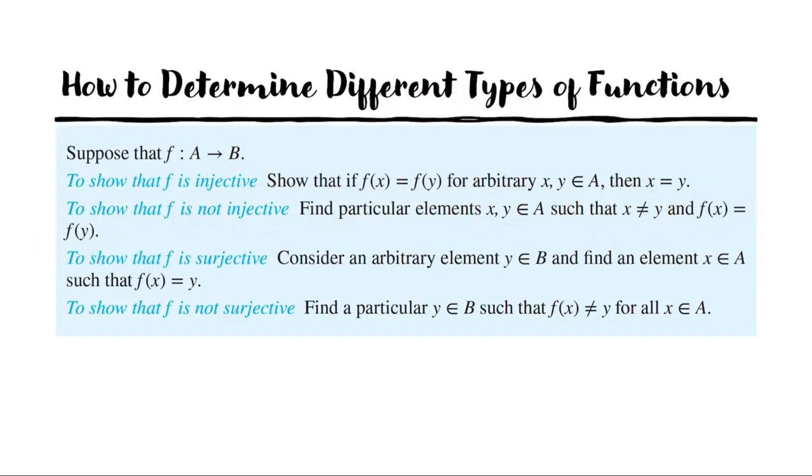Now, to show something is surjective, you need to show that for any arbitrary element in B, or for all elements y in B, you are able to find an element x from the input set A where f of x equals y.